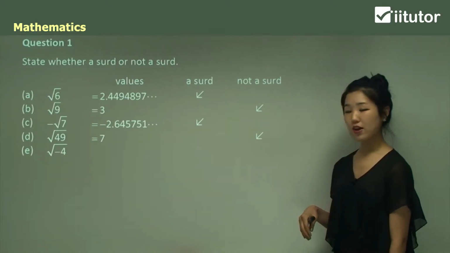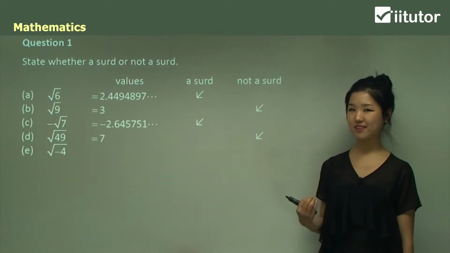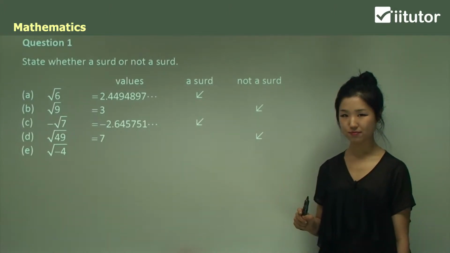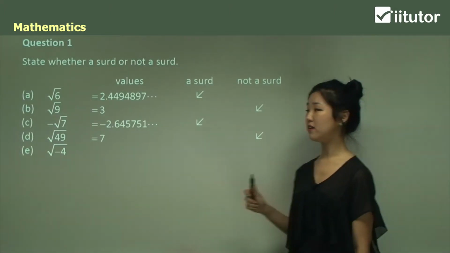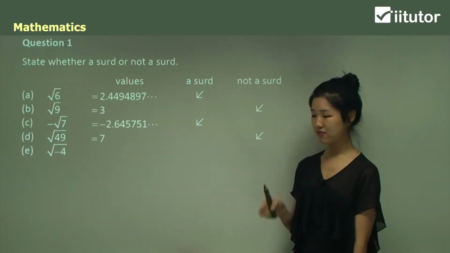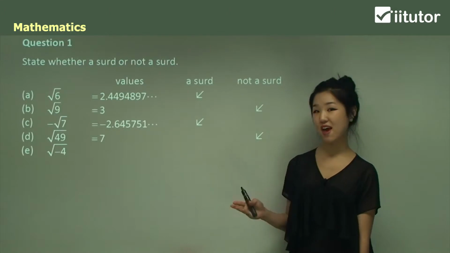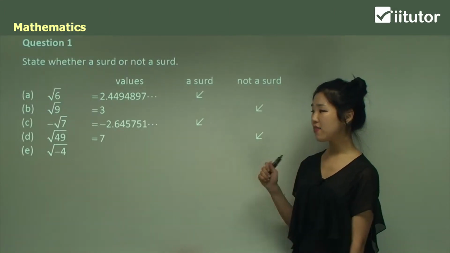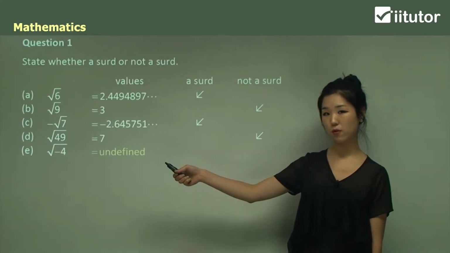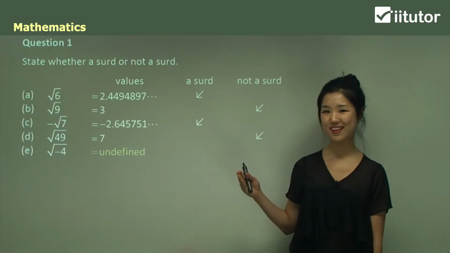And E, okay guys, I hope everyone can tell me the value of this one, square root of negative 4. Guys, can you tell me, can we square root a negative number? I think I've said before that we can never ever square root a negative number. That's why this one's undefined. As soon as you see a negative inside a square root, make sure you can automatically say it's undefined.